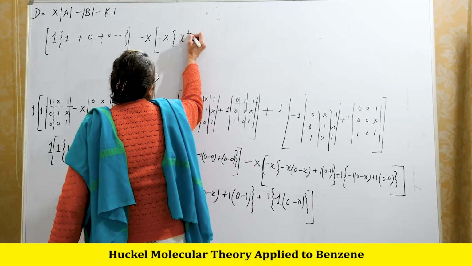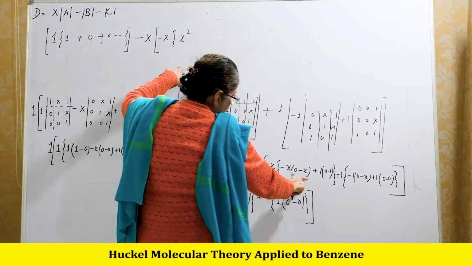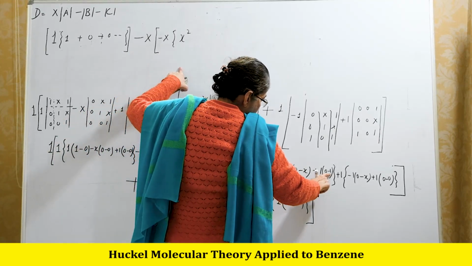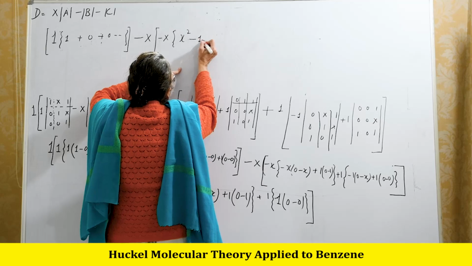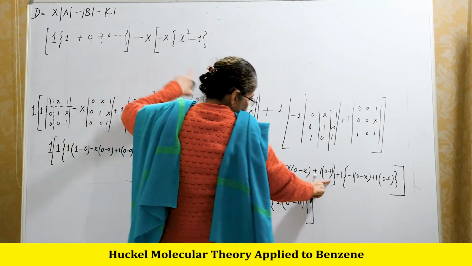So here we get x square plus 0 and minus 1. This is closed.